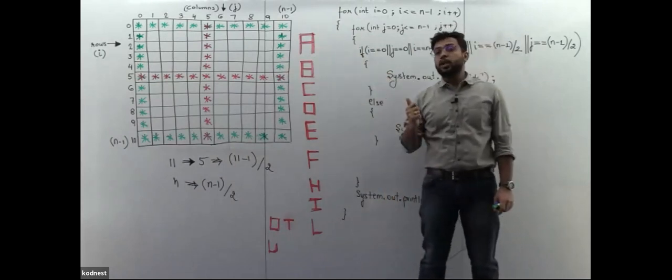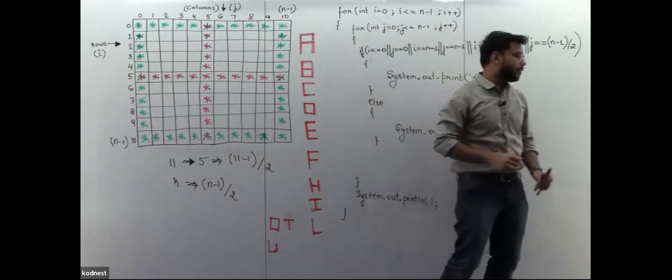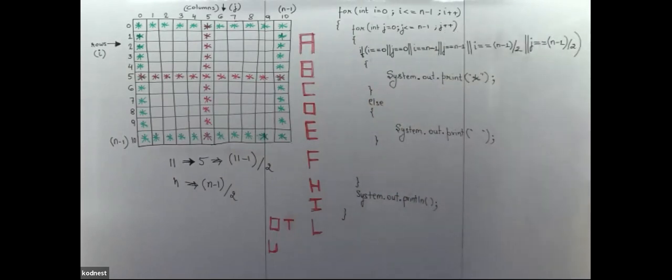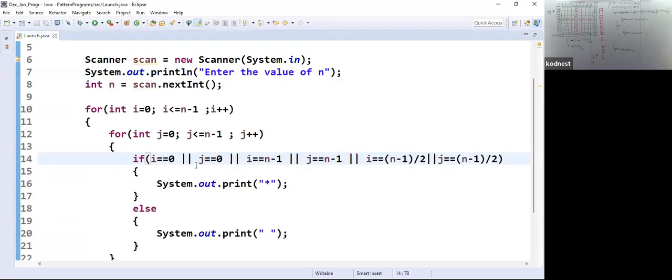Let me tell you very quickly the conditions for all these alphabets. I will share the screen. I will try to print the value of A. Now, how to print the value of A? For A, I want i to be 0.